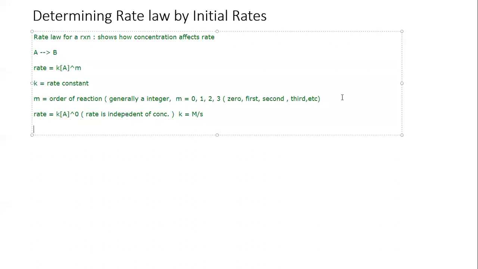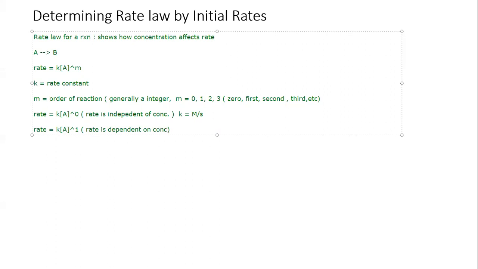Now we look at a first order reaction. So rate equals k A to the first. Here rate is dependent on concentration. So what does this mean?